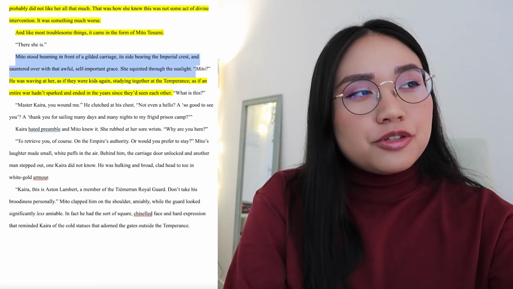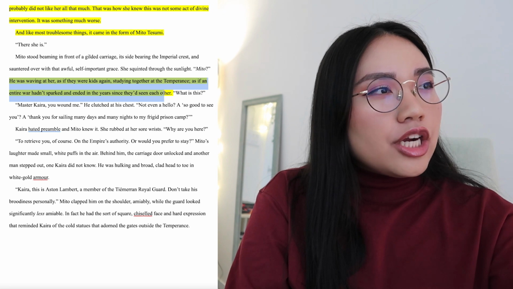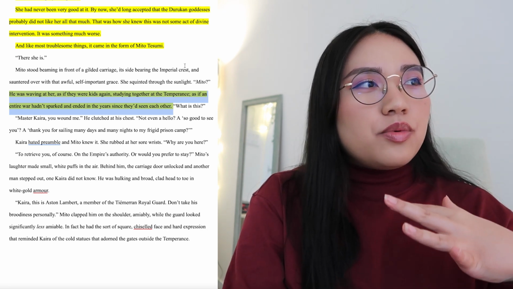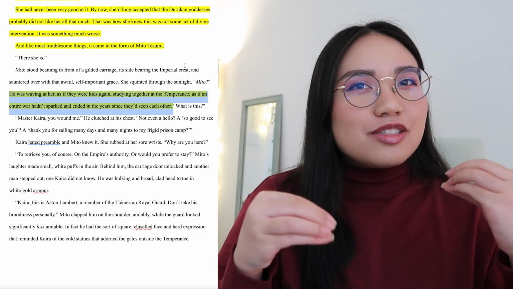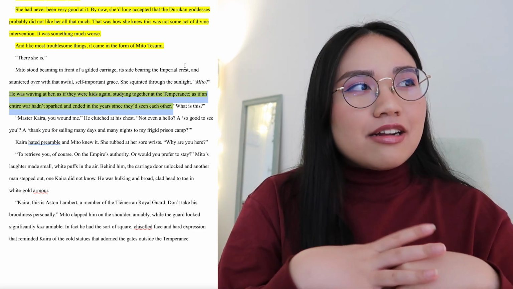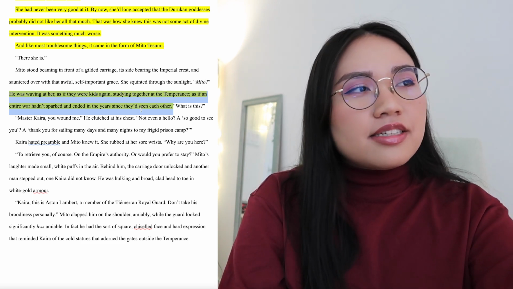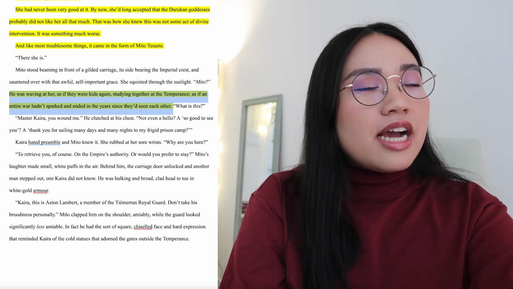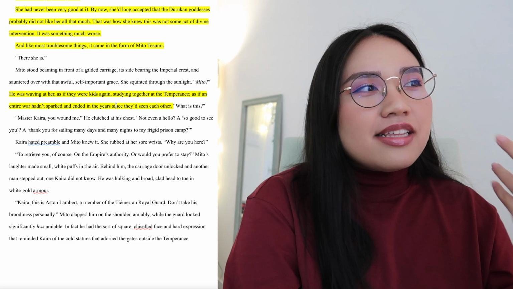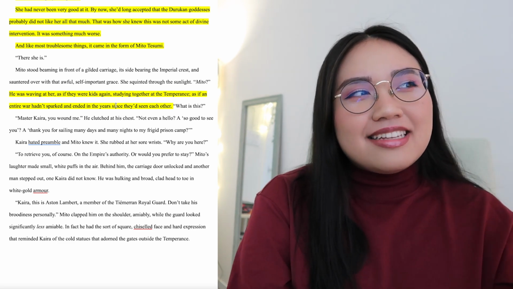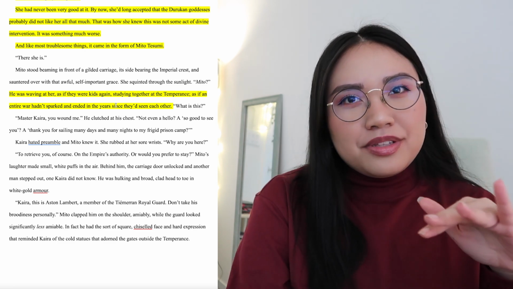Again, this is the external description that we added in the previous section. And then I added this here where Kyra, when she sees Mito, has a pause to give context on his character a little bit. She says, he was waving at her as if they were kids again, studying together at the Temperance, as if an entire war hadn't sparked and ended in the years since they'd seen each other. Those are the kinds of things that I'll usually add in later in a scene because it goes deeper than surface level.